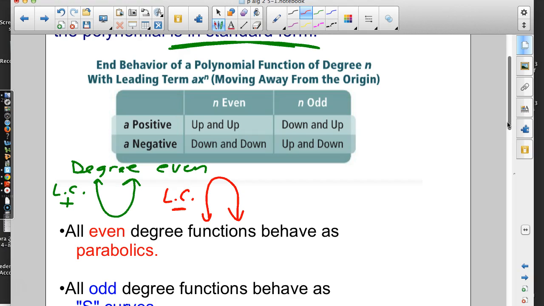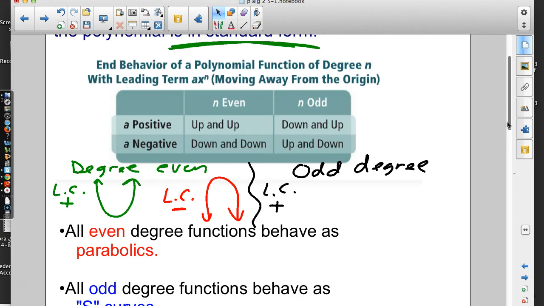That's not too tough. So what about if it is odd degree? Well, again, it depends on your leading coefficient. Is it positive or is it negative? So if your leading coefficient is positive, it's going to look like an S-curve, a snake-like curve.